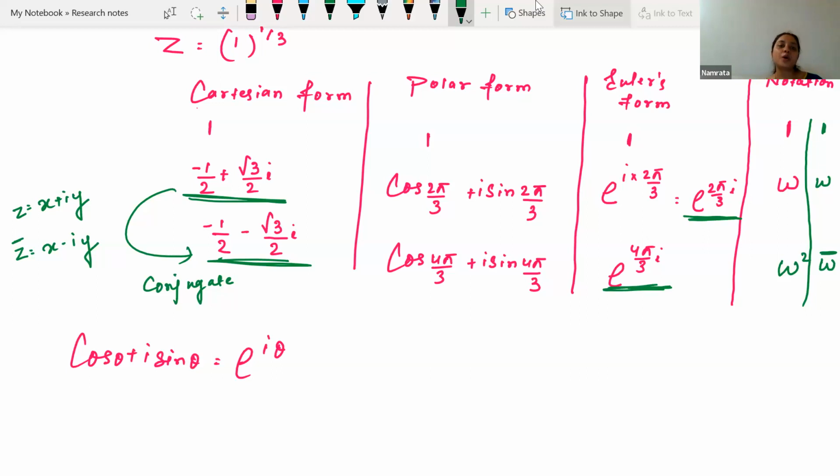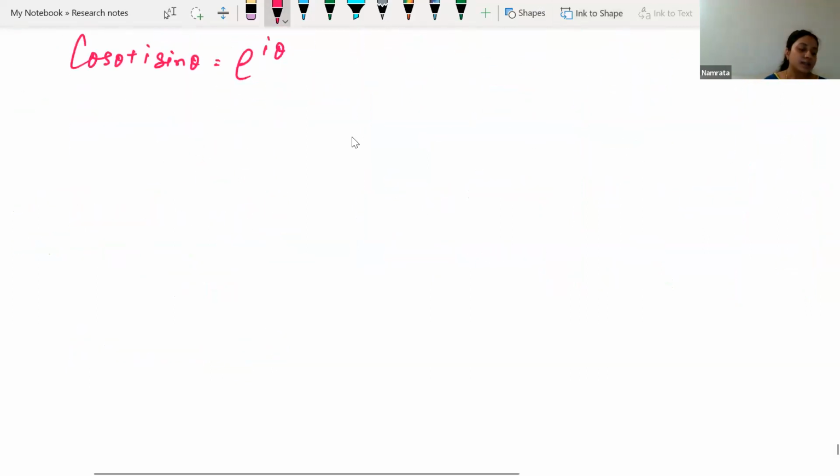Now there are a few properties. The very basic property I'm picking over here is that the roots are in geometric progression. Do you know about geometric progression? Have you done geometric progression? In class 10 you have done AP, right? Arithmetic progression, right? Yes, ma'am. Okay, let's skip that.